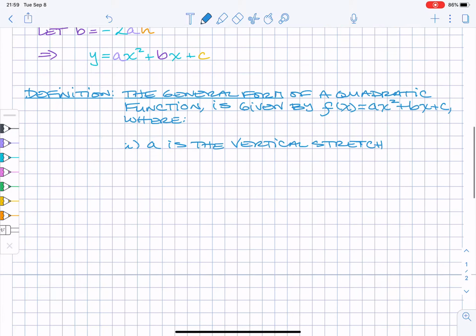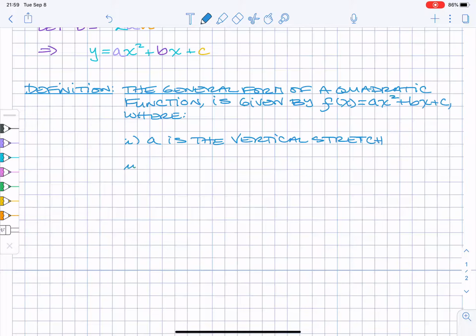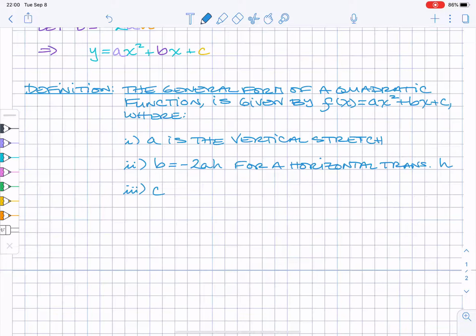Number two, b is equal to negative 2ah for a horizontal translation h. Number three, c is equal to ah squared plus k for a vertical translation k.